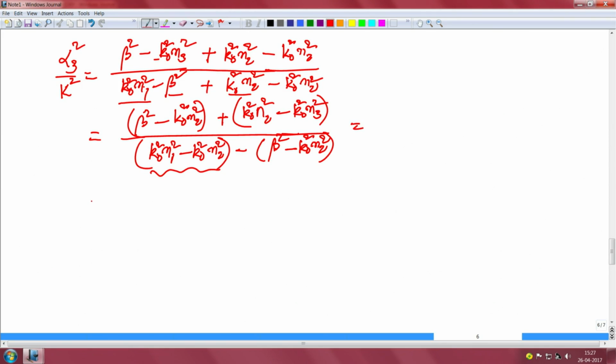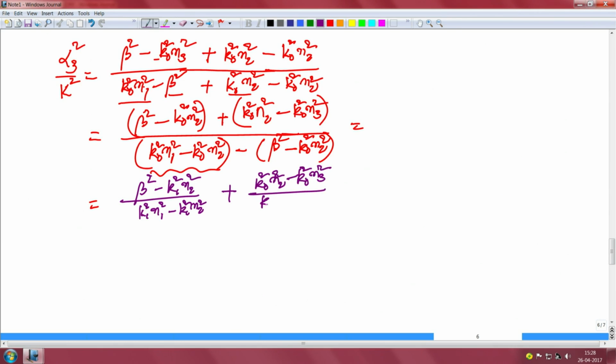So, we observe that, okay, let me write afresh. This is beta square minus k0 square n2 square divided by k0 square n1 square minus k0 square n2 square. I am dividing numerator as well as denominator by k0 square n1 square minus k0 square n2 square, minus k0 square n2 square minus k0 square n3 square divided by k0 square n1 square minus k0 square n2 square.